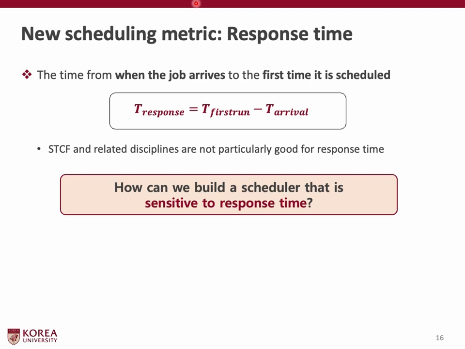Under STCF, if the movie is running and still has the shortest remaining time, your word processor will not even start until the movie finishes. This is obviously not acceptable in an interactive system. Then, how can you build a scheduler that is sensitive to response time?